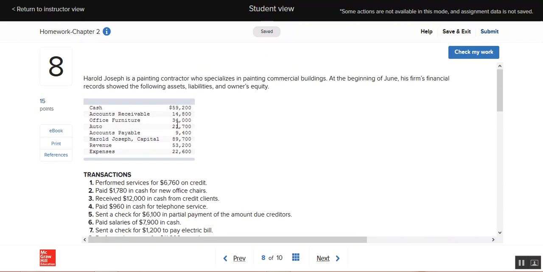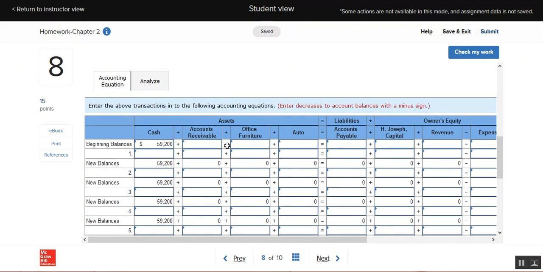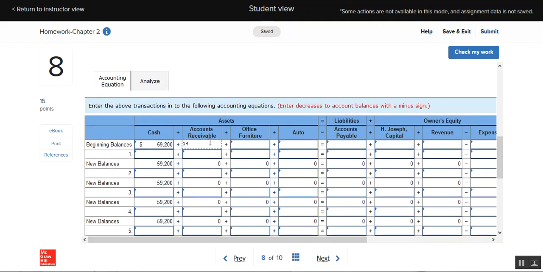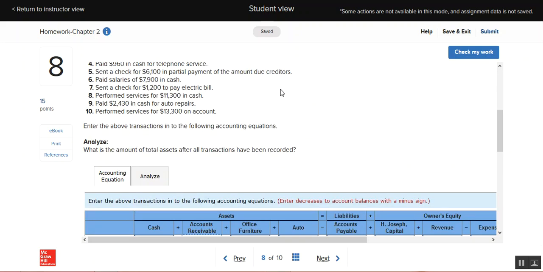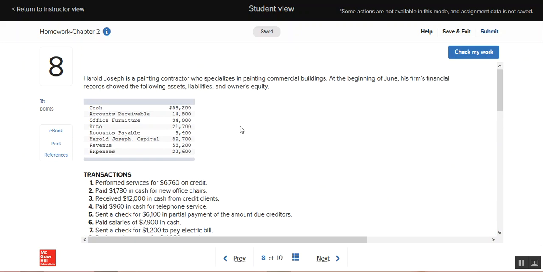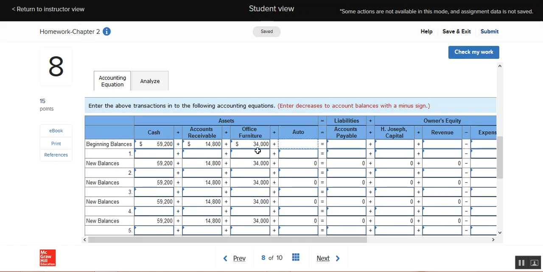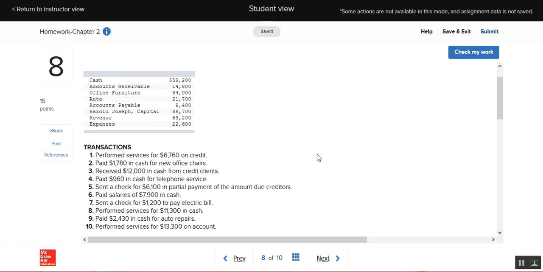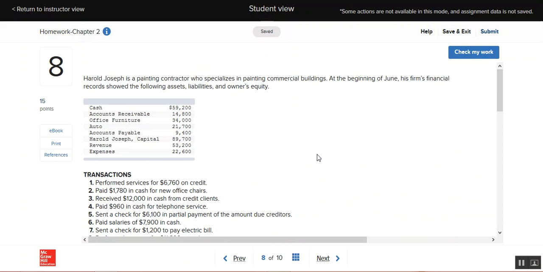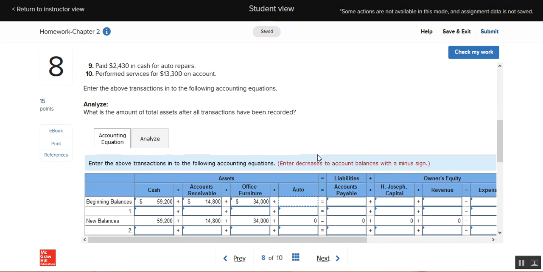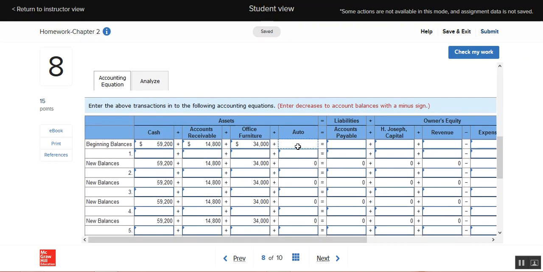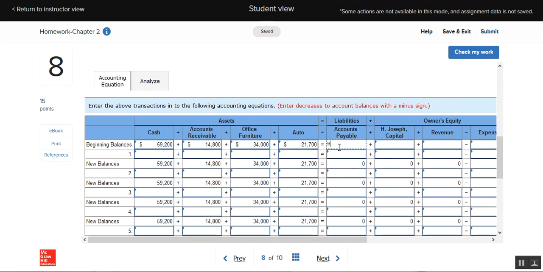All right, so we got our cash in there. We got accounts receivable of $14,800. Office furniture was $34,000. Autos were $21,700. I believe liabilities were $9,400.